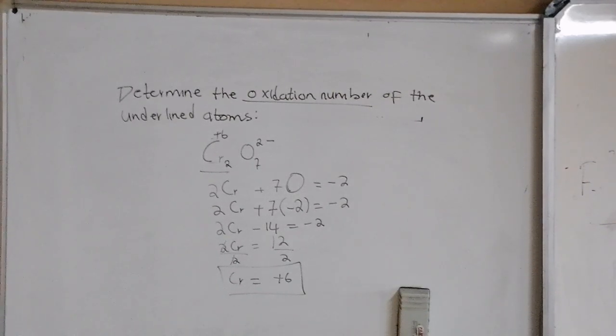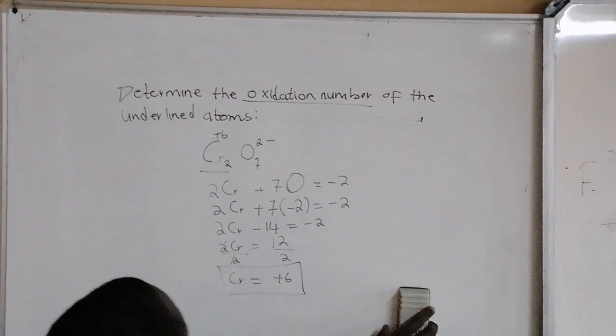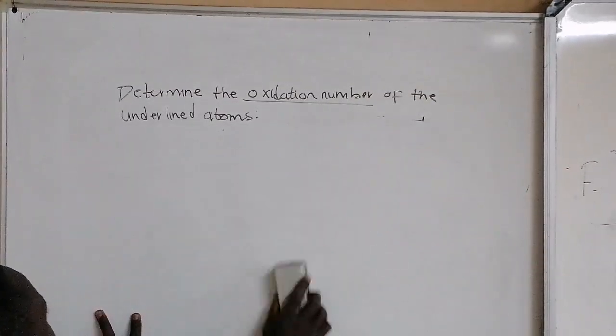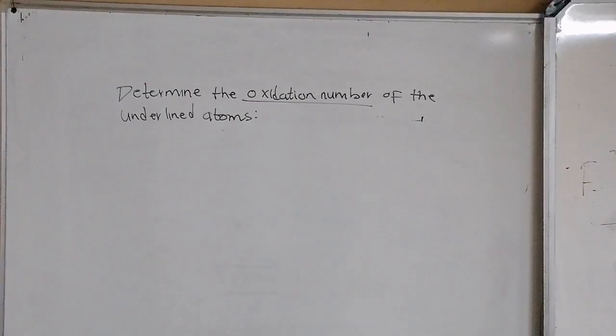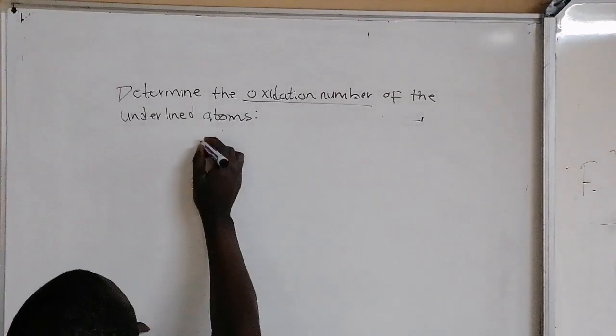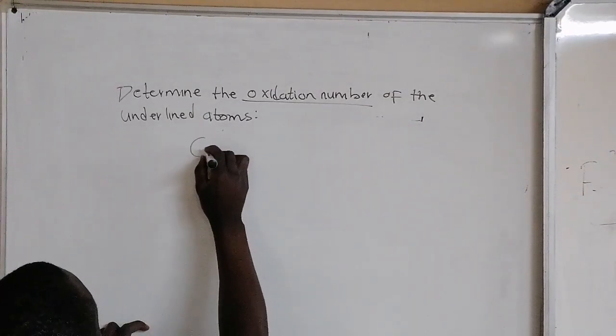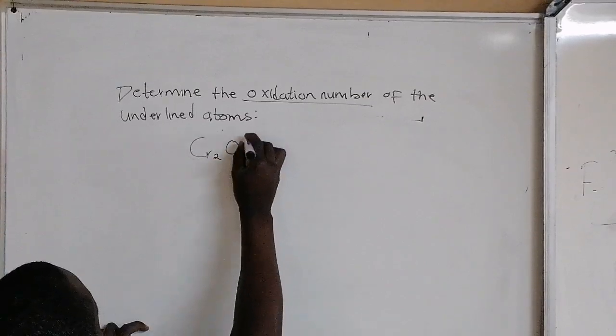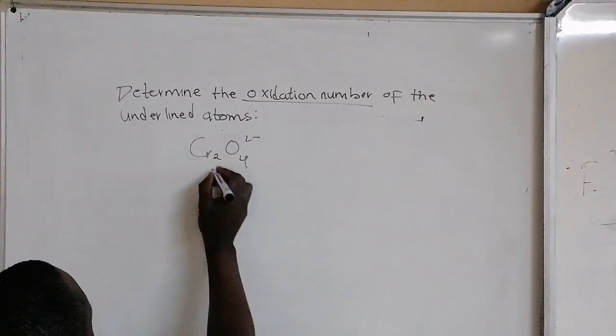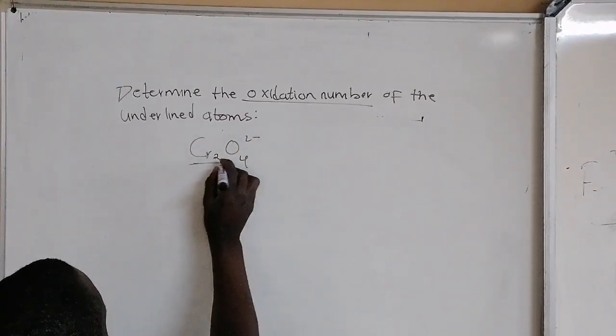So it is very important, guys, for you to know how to do this one. So let me just give you this one, then after that you will try to do it on your own. Let me say you have Cr2O4 2 minus, then they ask you to find the oxidation number of Cr.